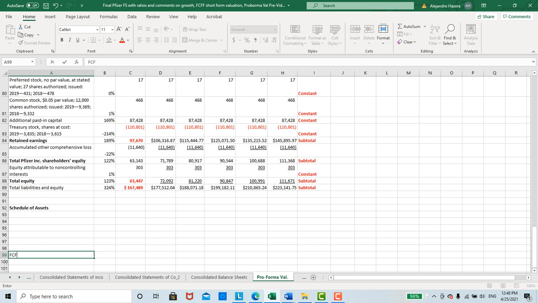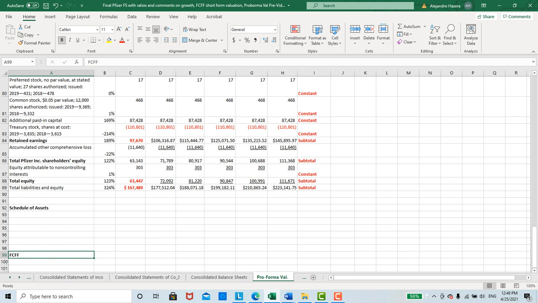I'm not going to have you build a full statement of cash flows. It'll be free cash flow to the firm level. And we're building the schedule of assets. It goes into the chapter on assets in a sense, but what we're going to do is we're going to use the schedule of assets as a basis for computing our free cash flows.